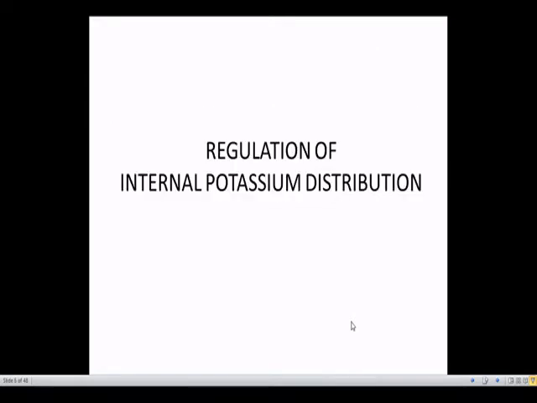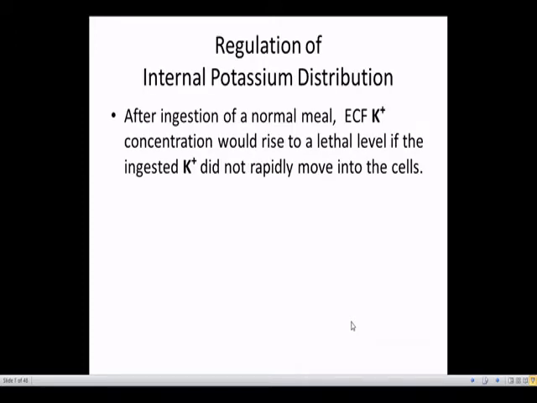Regulation of internal potassium distribution. After ingestion of a normal meal, extracellular fluid potassium concentration would rise to a lethal level if the ingested potassium did not rapidly move into the cells.